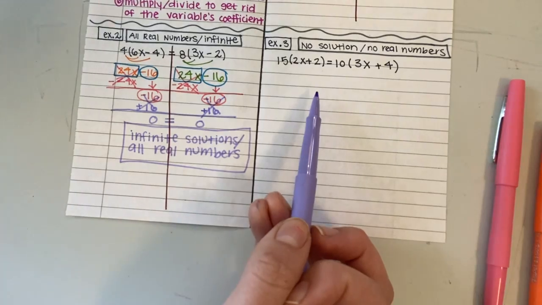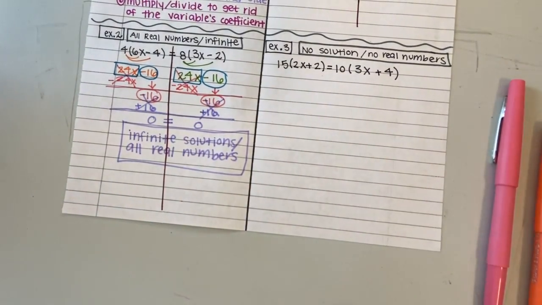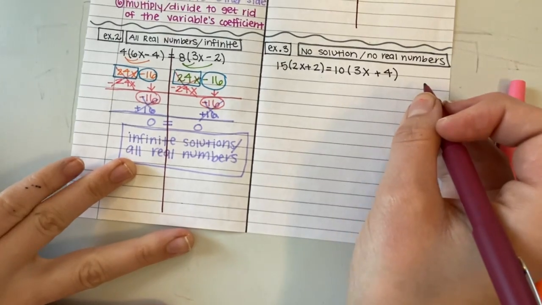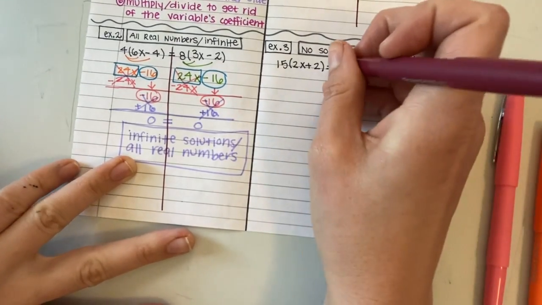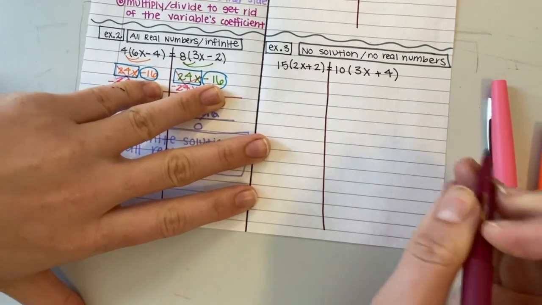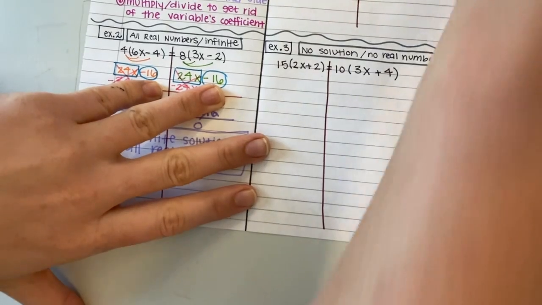Example number 3 gives me my last type of answer. So we're going to follow our steps just like we have been. We're going to write down our equation. We're going to draw our line down the equal sign. We're going to go on to step number 2, and we're going to simplify the left side.